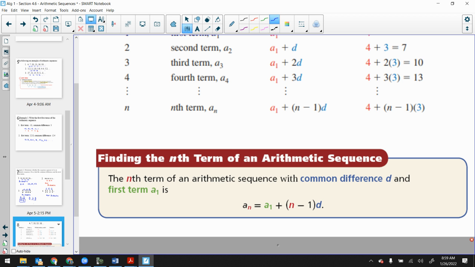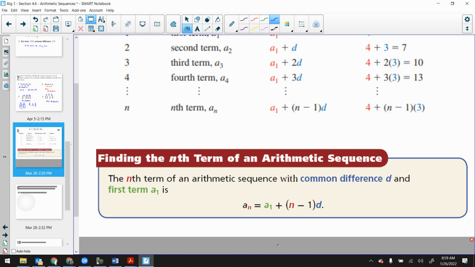What is a sub 1? My first term. It was 4 in the one above. What is n? The place that you're looking for. So if I wanted the 70th term, n would be 70. So you're going to add on n minus 1, 70 minus 1 sets of difference. And then you have your common difference d.